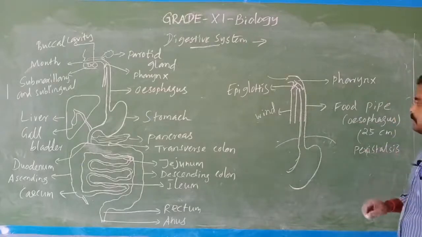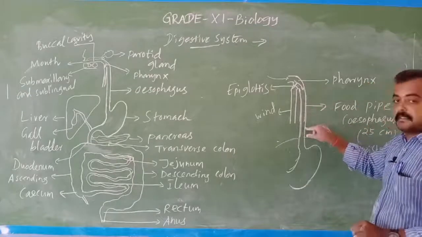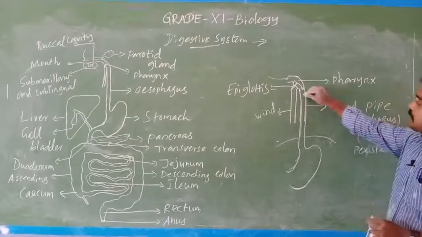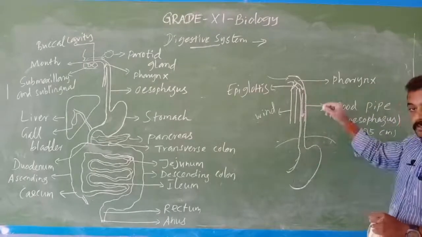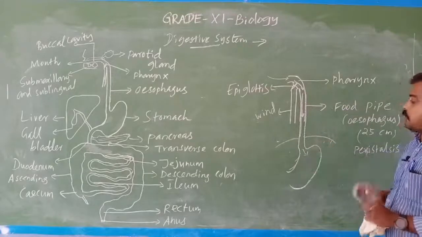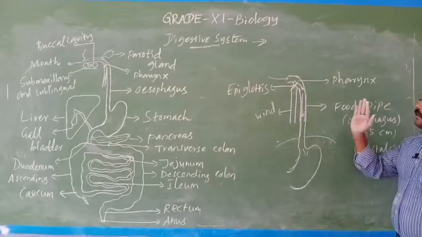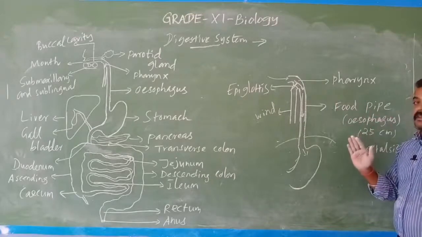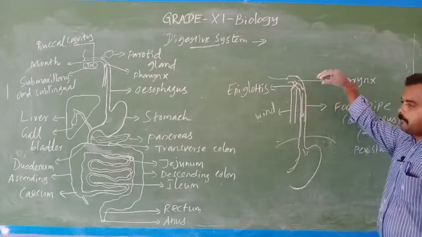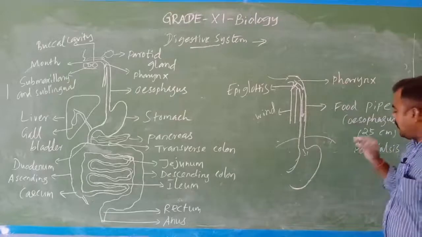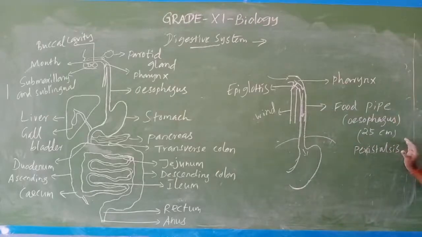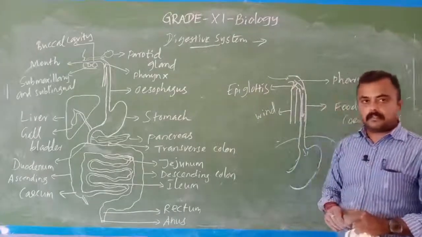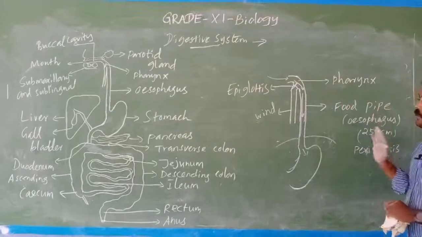The internal muscles of the esophagus contract and relax, and push the food towards the stomach. So that process is called peristalsis, and that movement is known as peristaltic movement. Okay, that is about the esophagus.